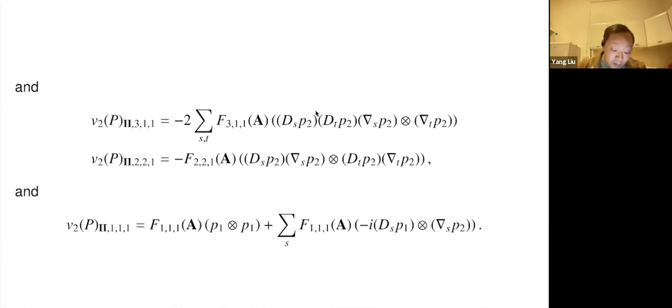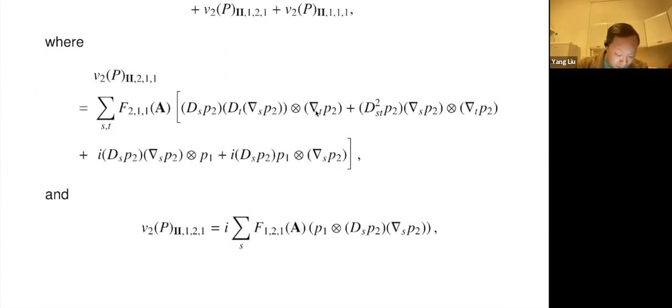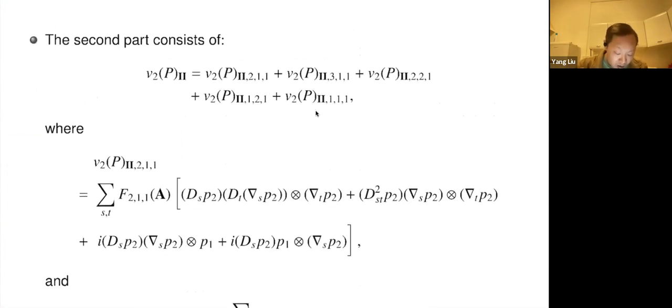So probably I'm moving too fast. But yes, the pattern here is that you have the derivative of symbols in here.